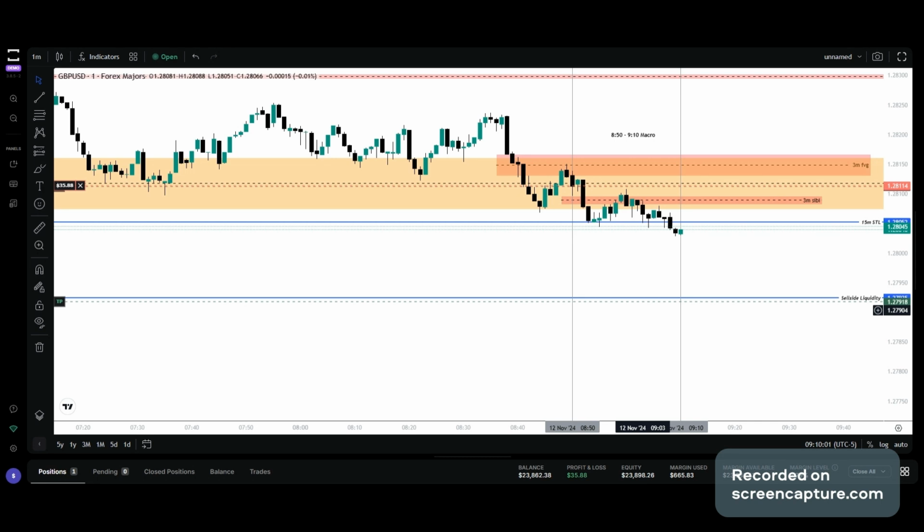All right, so last minute of the macro here. So it may want to revert and go back up higher. But it would be nice if it just continues to go down. That's for sure.